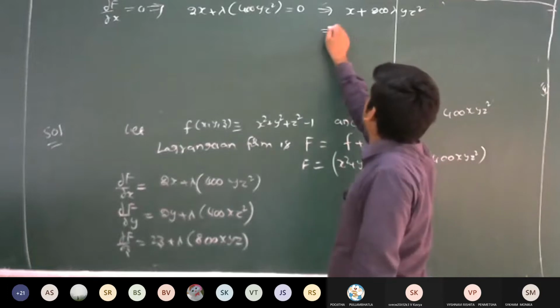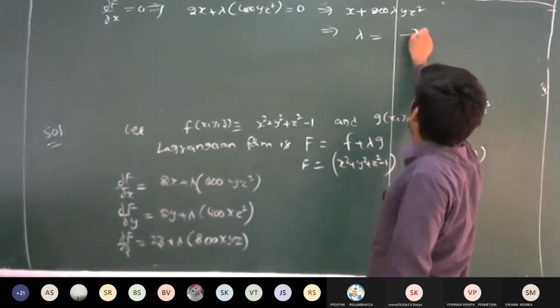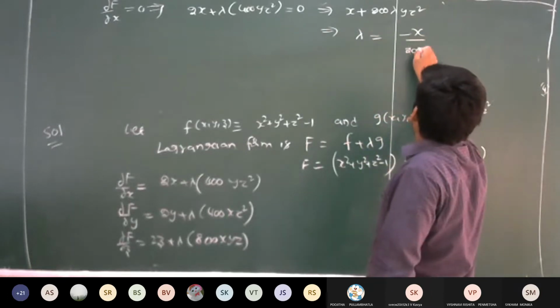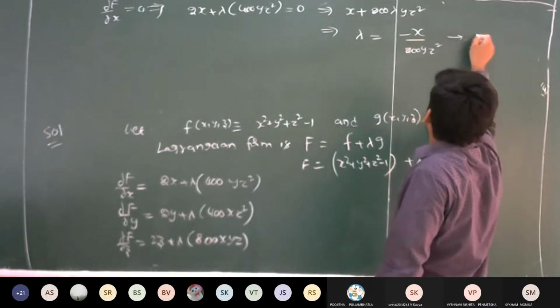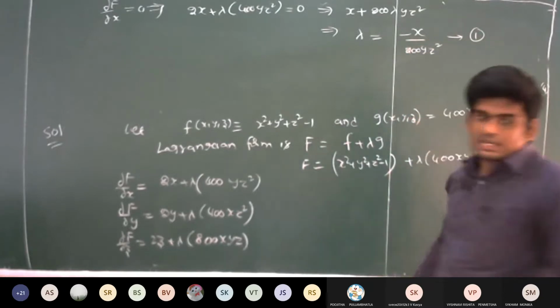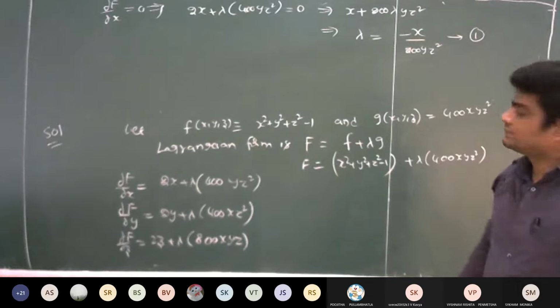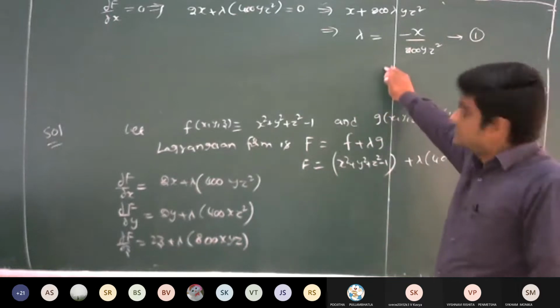From this, calculate the value of lambda. Here lambda is minus x by 200 y z square. Call it equation number 1. Is it clear?